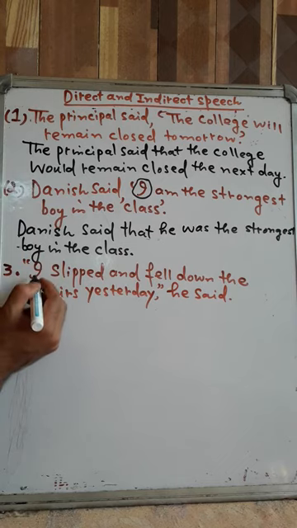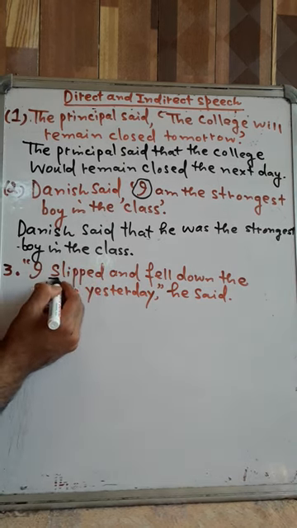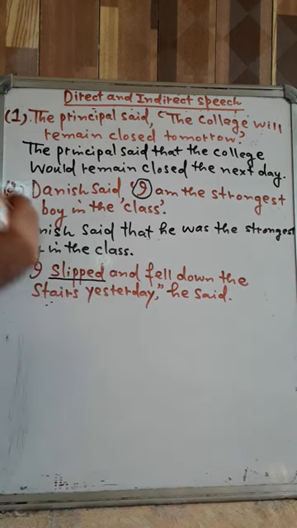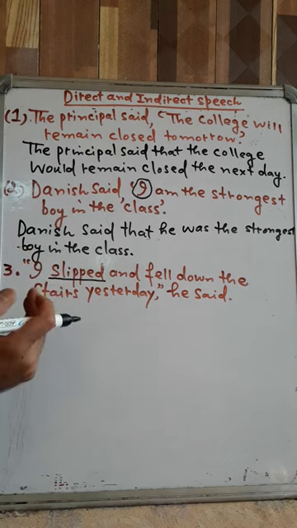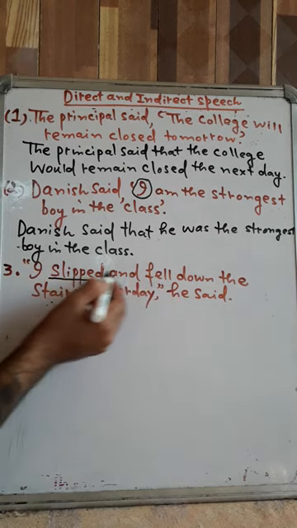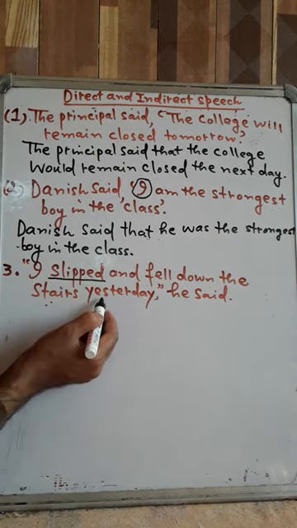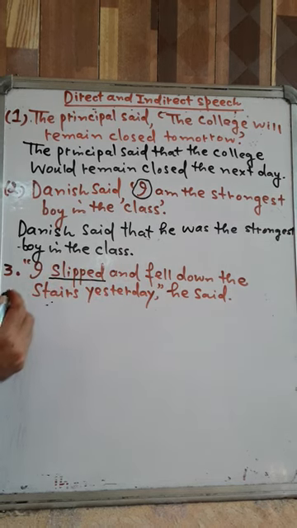Now here we have to pay attention. I slipped. This is the second form of the verb, and we know present simple is changed into past simple. But if we have past simple in the direct speech, past simple is changed into past perfect. Now here this is past simple, so I have to change it into past perfect. Yesterday means the previous day. Now I will change it.